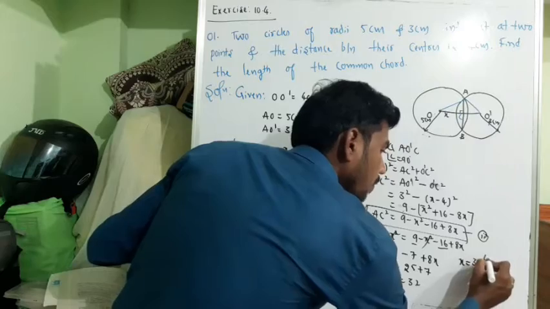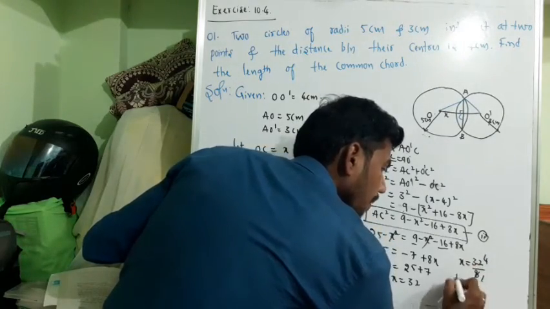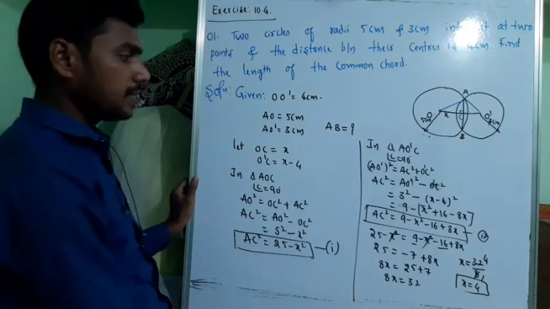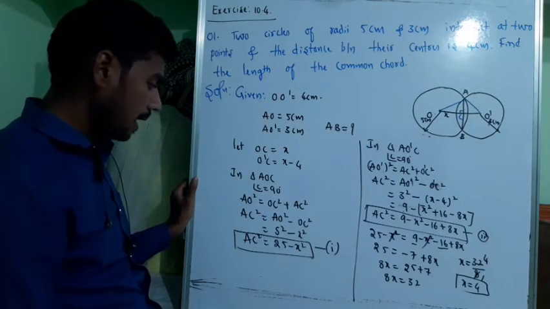X is equal to 4. Then using X equal to 4, I need to find AC.